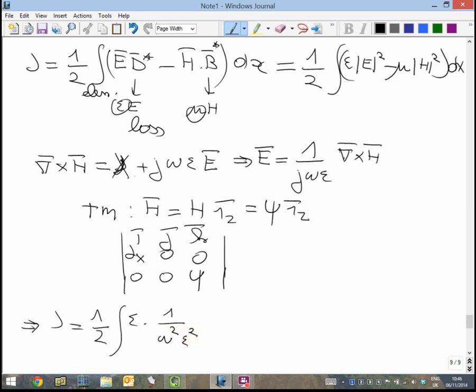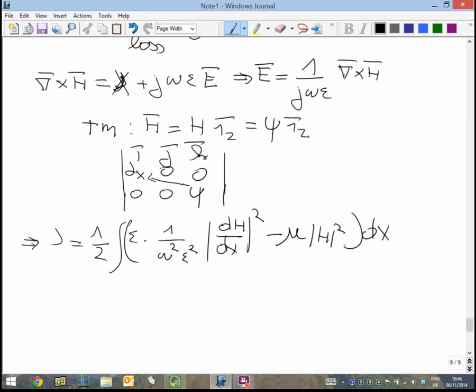If we take the magnitude squared of E, the only term that we have here in our curl is the H dx squared. So this is the first term, and the second term we keep as a function of H dx.